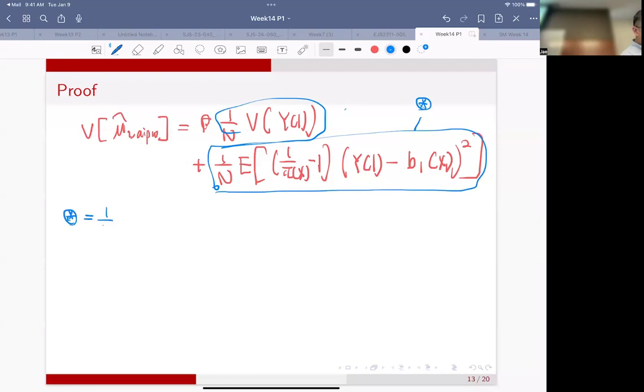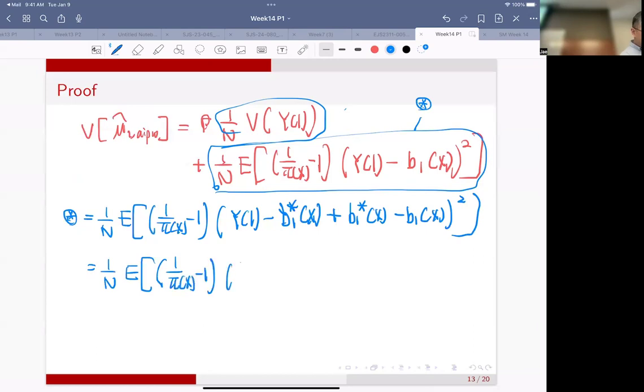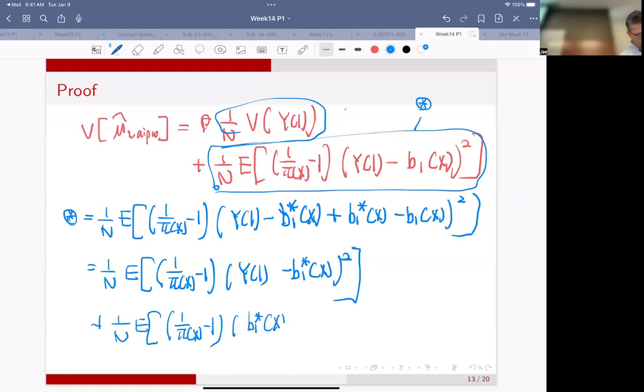What I'm saying is you can write it as y1 minus b1 star x plus b1 star x minus b1 x, squared, is equal to the sum of the squares plus the cross product, whose expectation is zero.